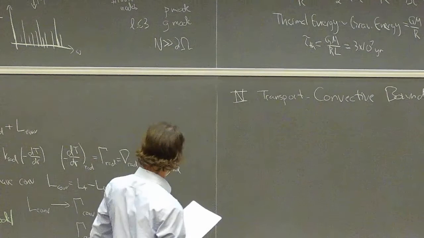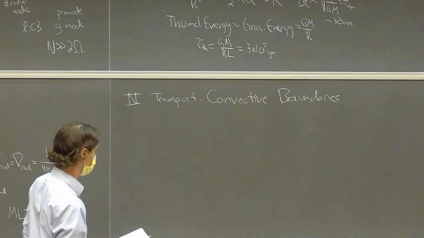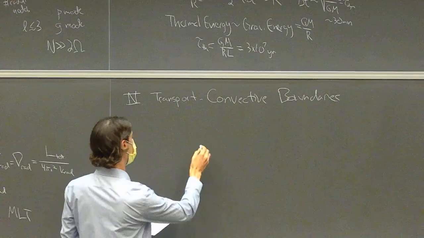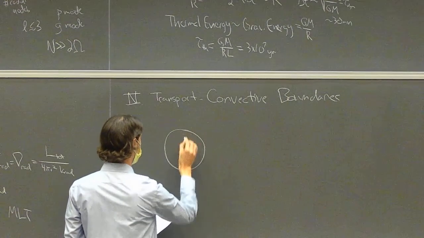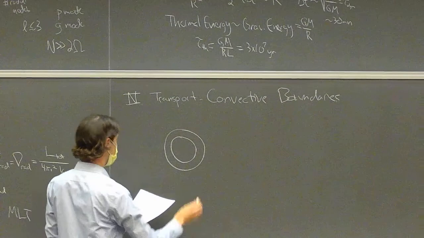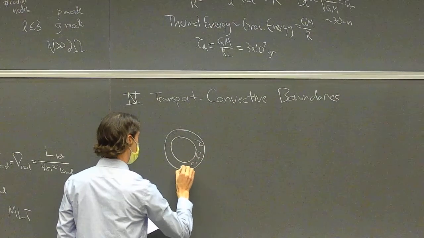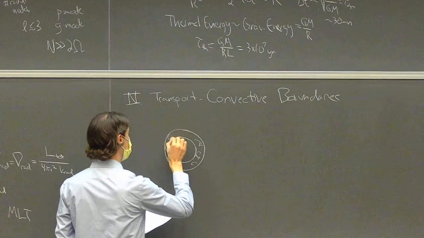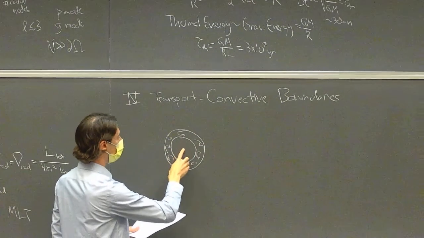Okay, so just as some background, if you solve these equations for different types of stars, the first one that you can look at is a star that looks like the sun, and you end up with a structure that looks kind of like this. The outer part of the sun is convective, and the inner part is stably stratified. Nuclear reactions happening in the inner part of the sun generate the luminosity.